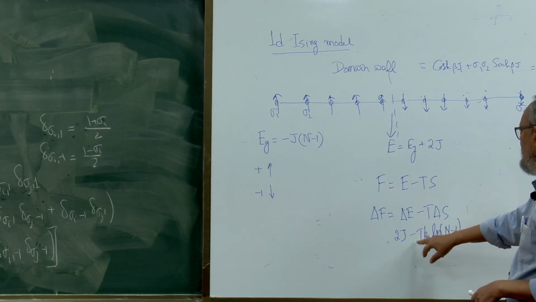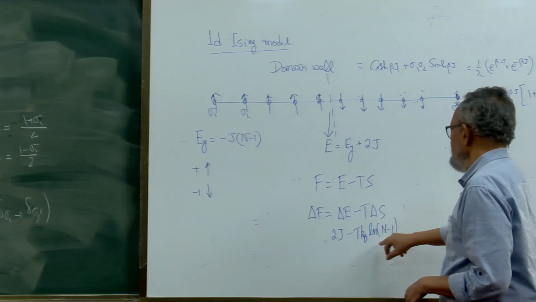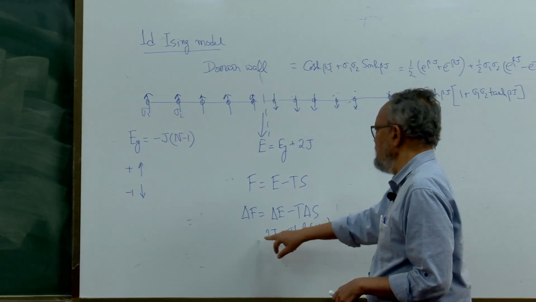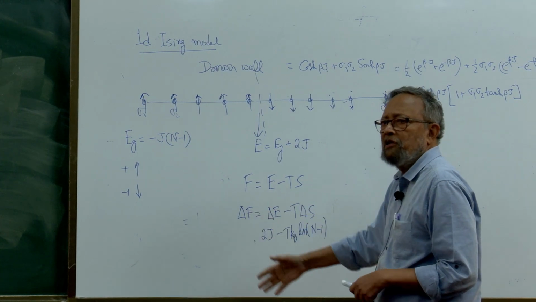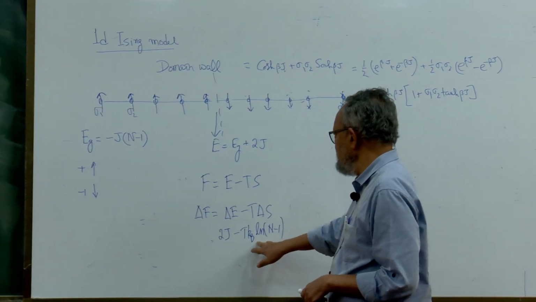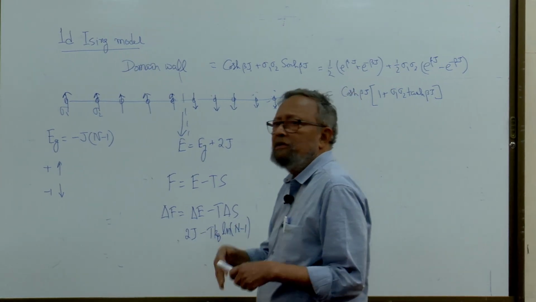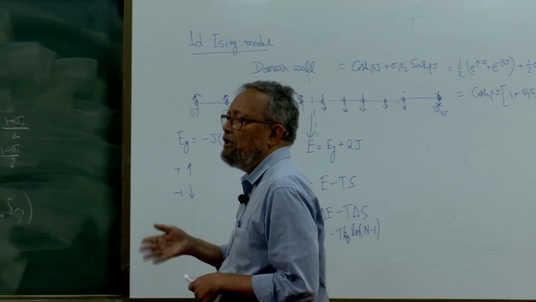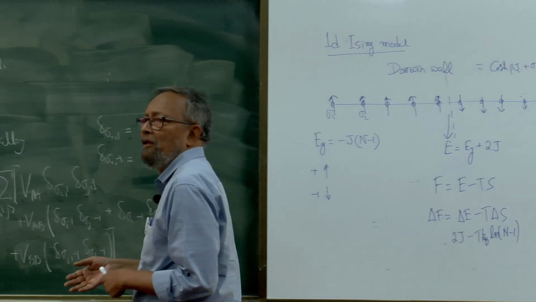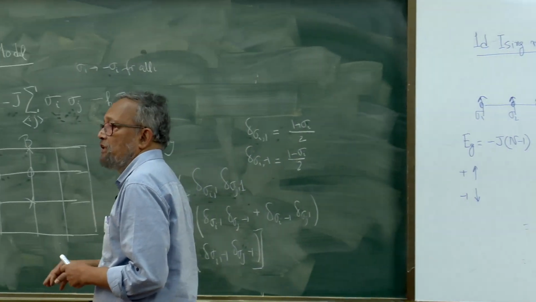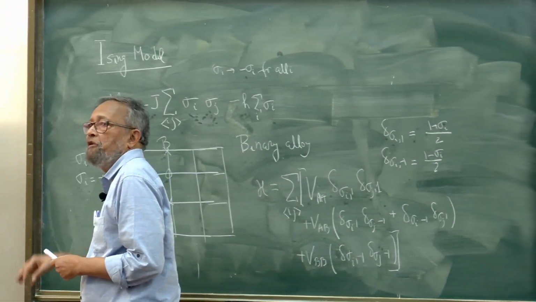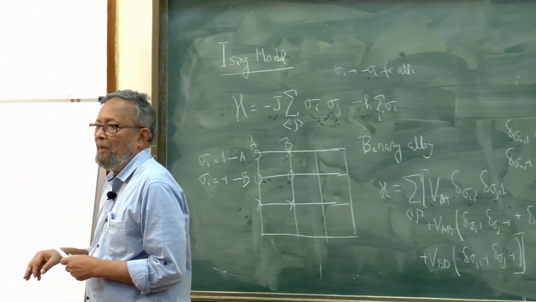So for a small value of T, this term multiplied by log n will always be bigger, and one can always go to a temperature low enough for which this term is going to dominate over that. So by creating these excitations, you are actually lowering the free energy. So the state where these excitations are there is going to be favored over the ground state.